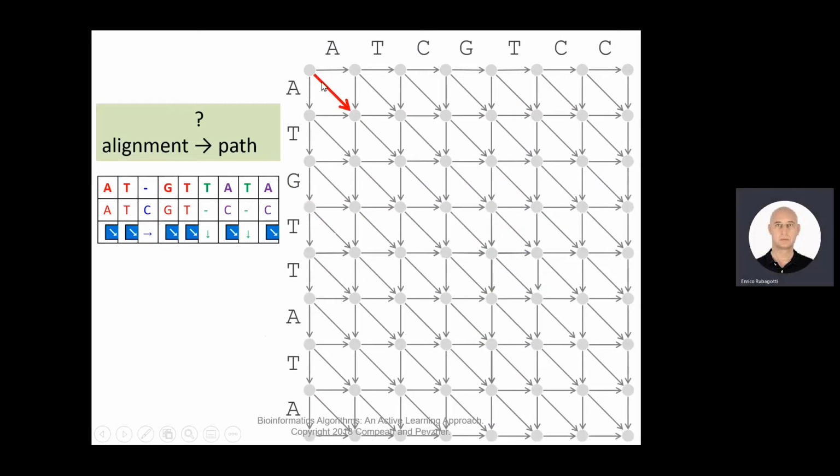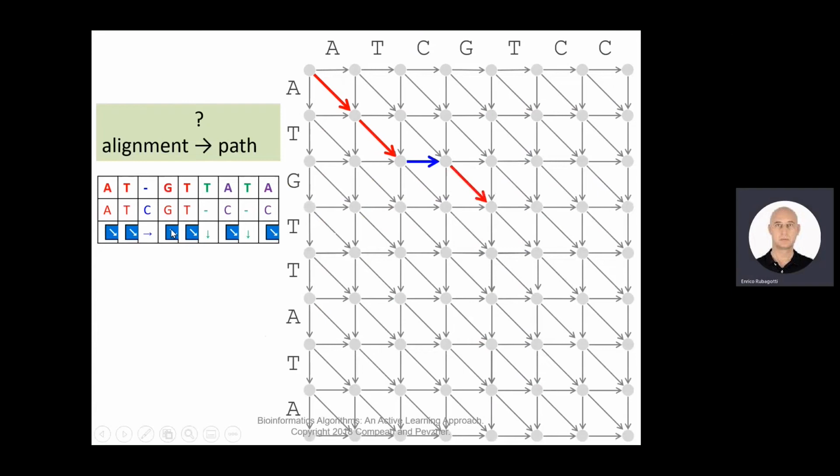And it's the red one because it's a good one. The second one is TT, and it's again a good alignment. The third one is a gap. I have a gap, so I'm not going diagonal, I'm going horizontal. Why horizontal? Because I'm getting a C, but I'm not getting any letter from the other one.